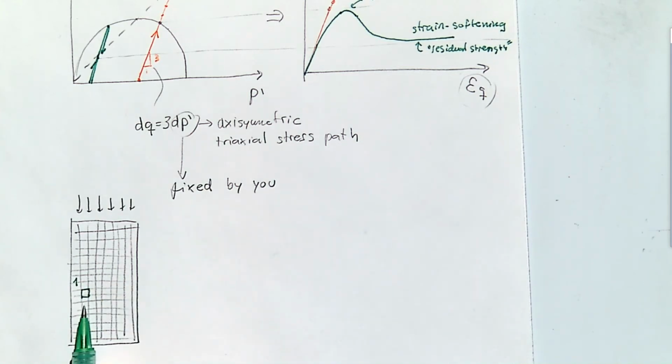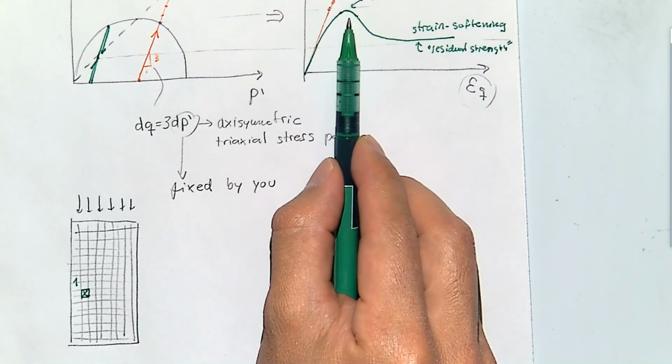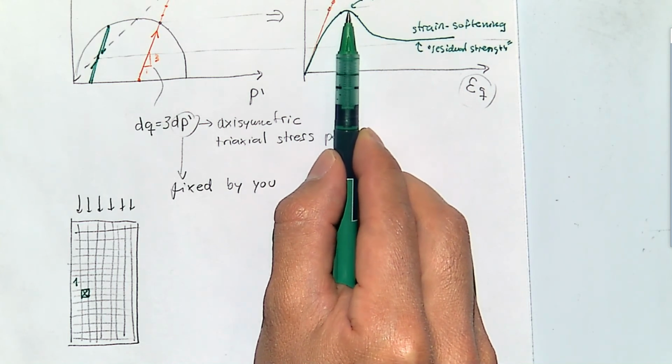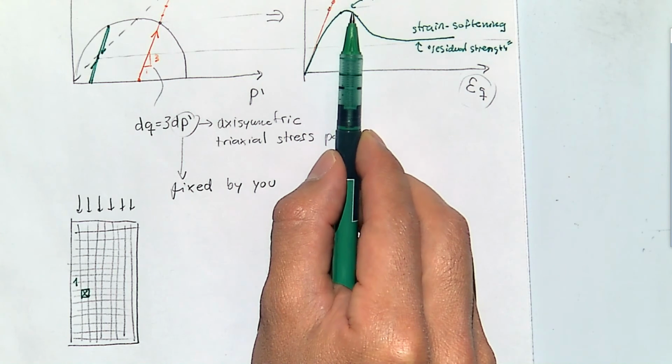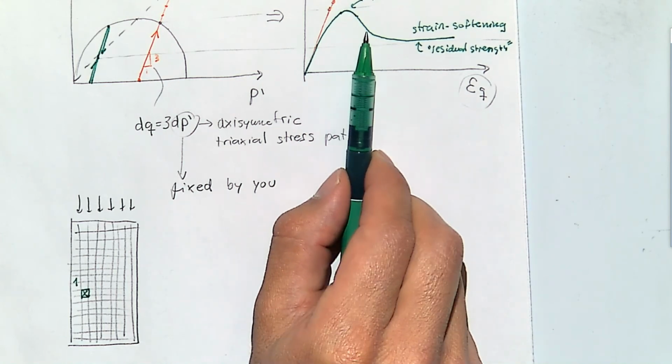When this one fails, that means that that piece of material took the largest stress possible. And after it takes the largest stress possible, because this is a strain softening, after it fails, it won't take such a high stress anymore.